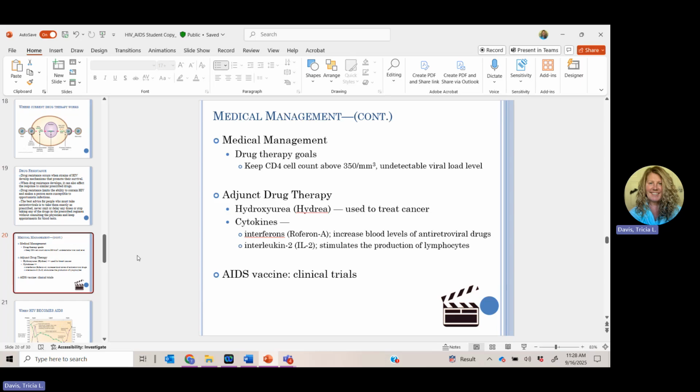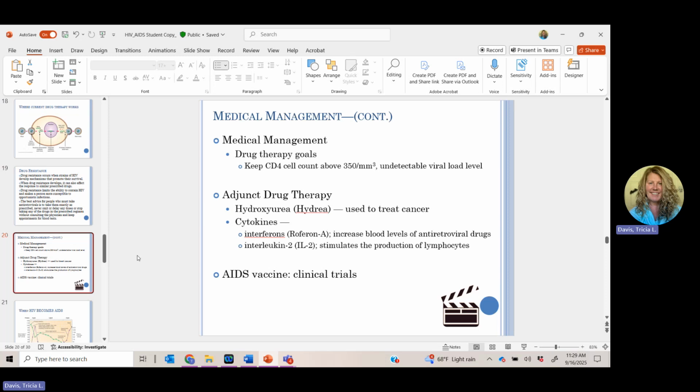We can also give different adjunct treatment therapy as well. So for some of these patients that develop these opportunistic infections or these certain cancers, we can give hydroxyurea, which is Hydrea. This is used to treat Kaposi's sarcoma, and then we can give these cytokines. So cytokines are helpful because they're going to work to boost the effectiveness of the levels of these antiviral drugs.